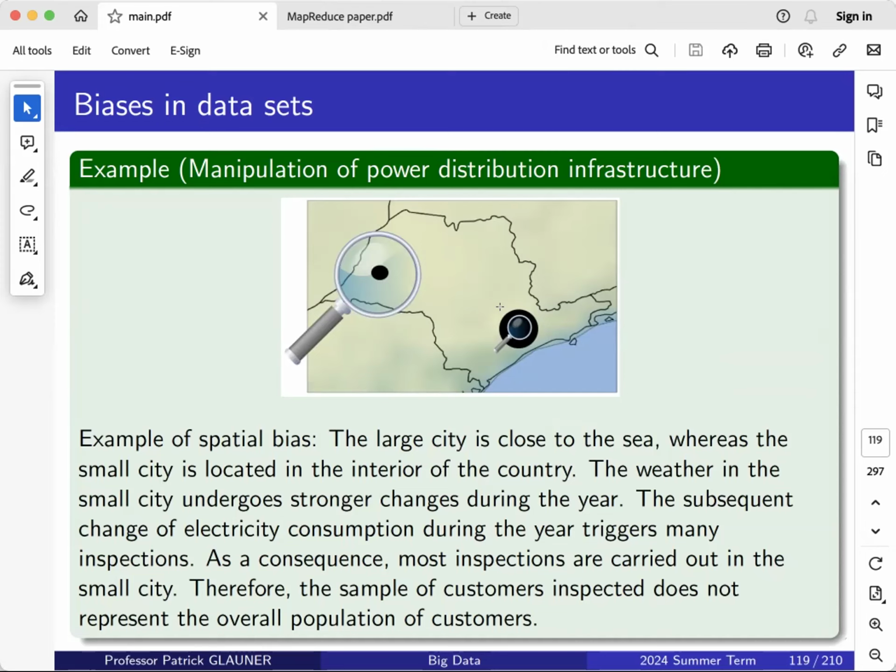Maybe I'm carrying out most of the inspections in winter, not in summer. Again, I'm creating a bias. So like this, I'm easily creating a high-dimensional bias when collecting all of this data. And then if I just train the model on the data, I will create a massive bias, and I will make massively biased predictions that will cause all sorts of problems.